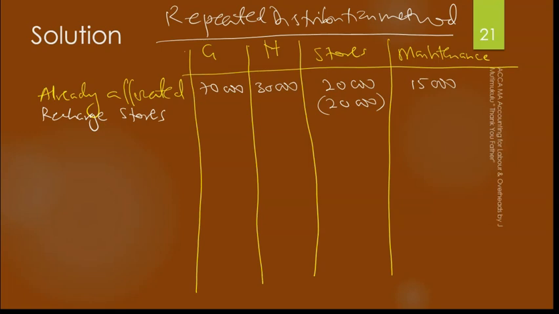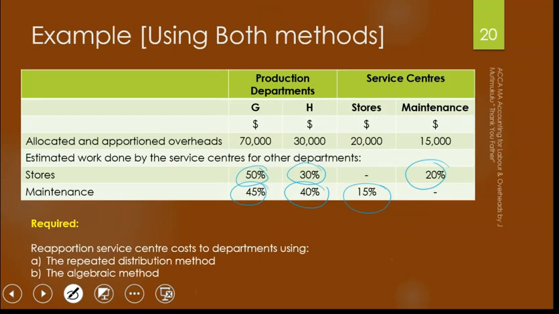To G, we're giving G 50% of the stores' costs. So 50% of 20,000 is 10,000. Then to H, we are giving 30%, as you can see in the question.